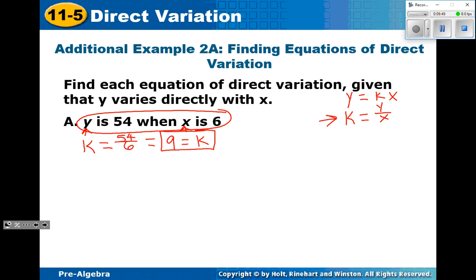In our original example about babysitting, it would be how much money you're making per hour. So you take that k and simply plug it into this. When they ask you to write a direct variation equation, this is the form it's going to take. Y equals some number times x. That's all.